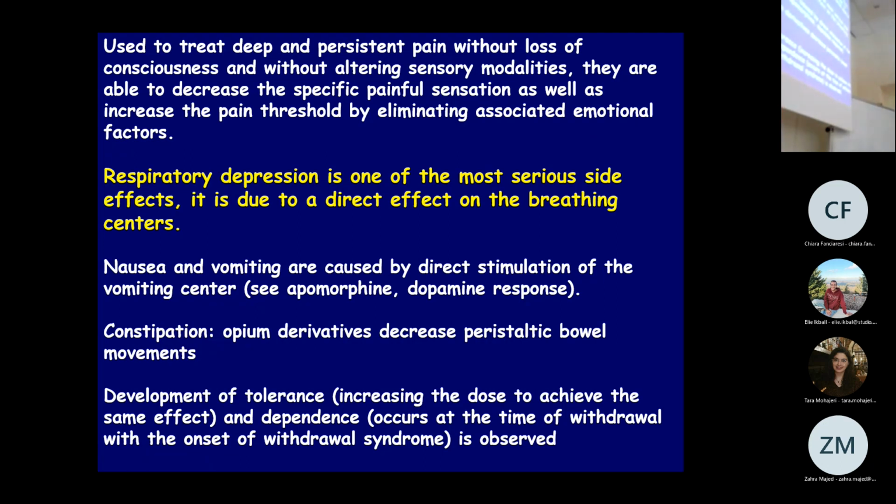Respiratory depression is one of the most serious side effects. It is due to a direct effect on the breathing centers. So during the therapy, we can increase the dose, but we can reach the toxic concentration with the block of the breathing centers, of the respiratory centers. This is the problem.